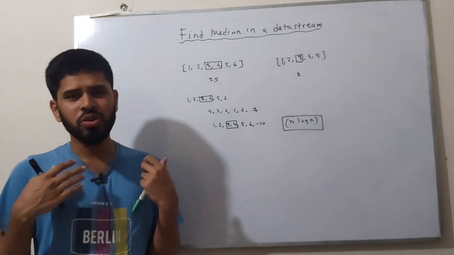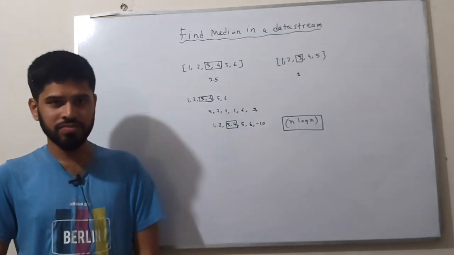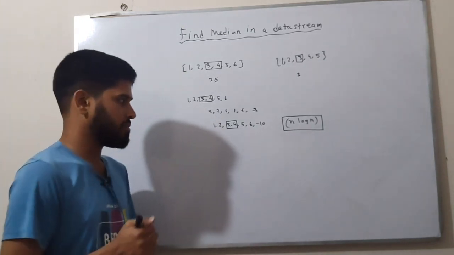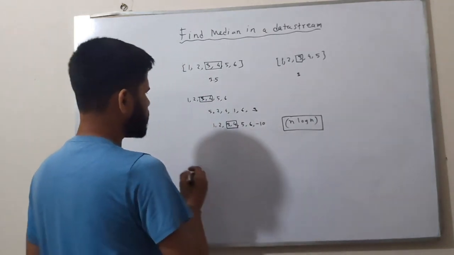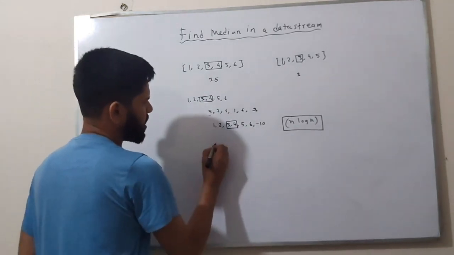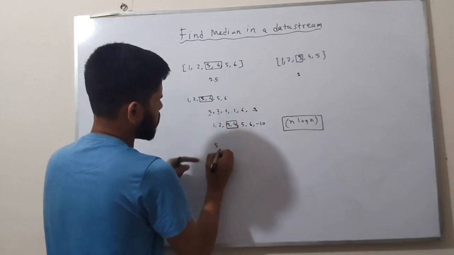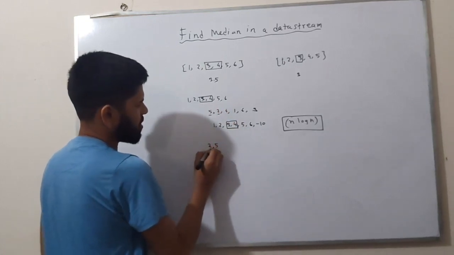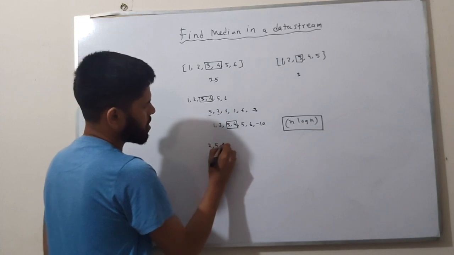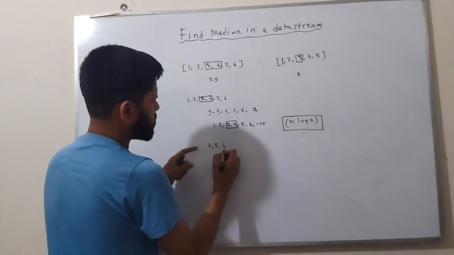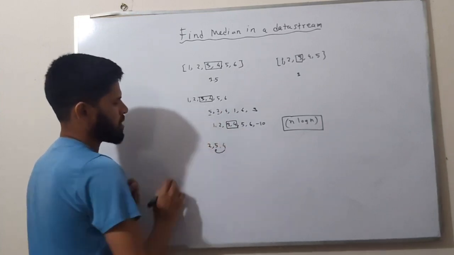So what can we do? Can we do it better? Obviously we can. First we took 5. Let's put it at the first position. Then we took 2. We're going to insert 2 right here. Then 4. Now we see 4 is not in its position, so we can just move it to its perfect position.